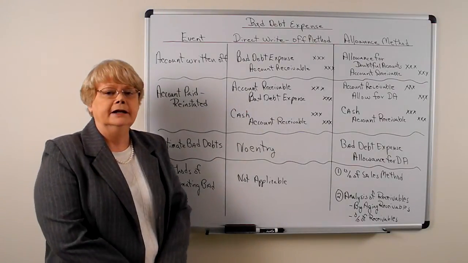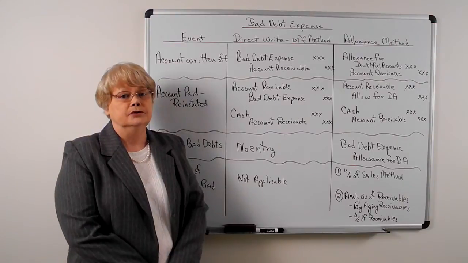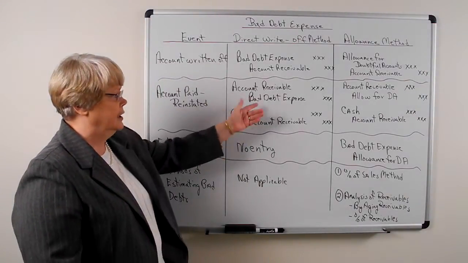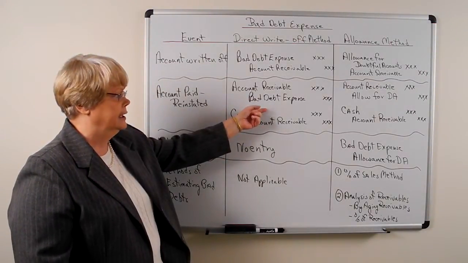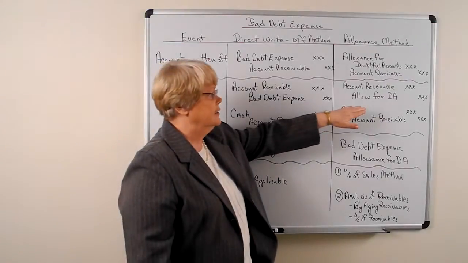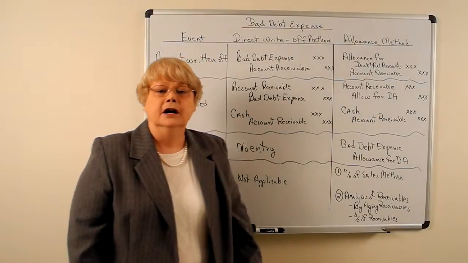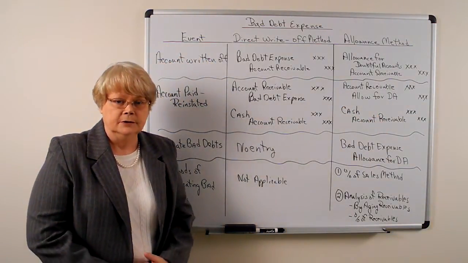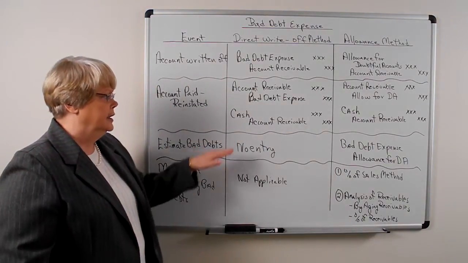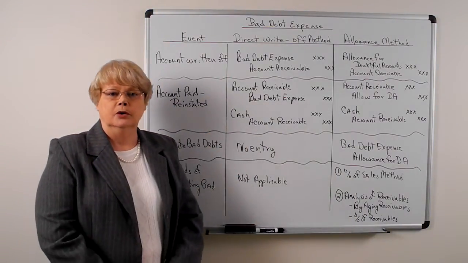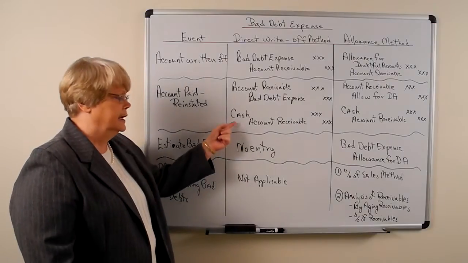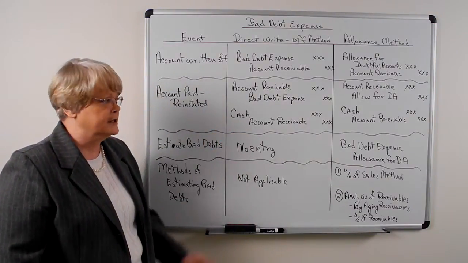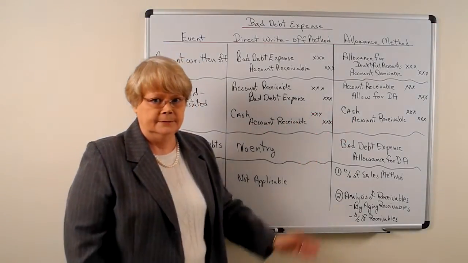We're going to credit the account that we used to charge it off. In the case of direct write-off, that would be bad debt expense. In the case of the allowance method, that would be allowance for doubtful accounts. So we put it back on the books, then we accept the cash and record the cash payment, which is a debit to cash and a credit to accounts receivable in both cases. Okay?